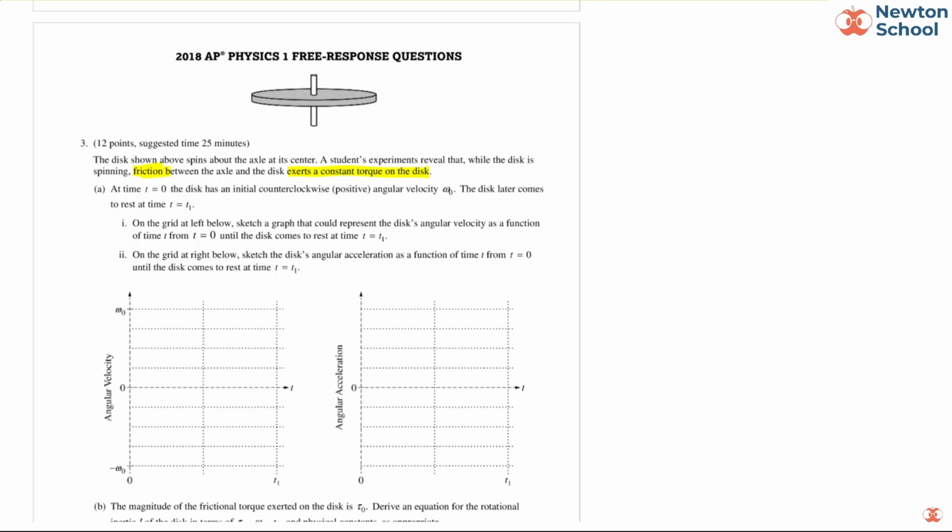At t equals 0, the disk has initial counterclockwise angular velocity omega naught. Usually if it's counterclockwise, it looks like this. And in that case, if you use the curl of the fingers, then the thumb is the direction of the spin.